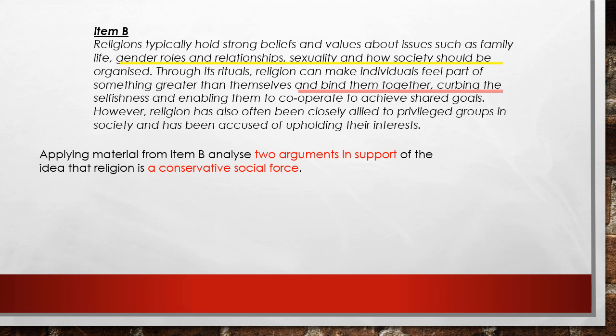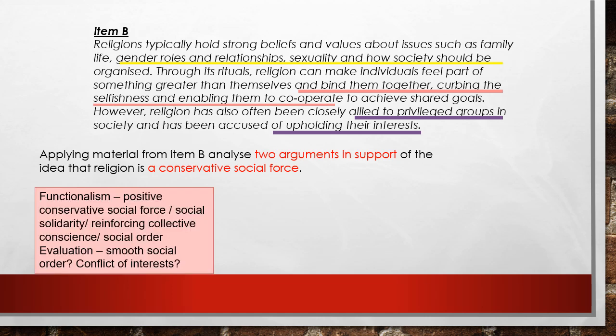So first of all, you can see the yellow is the hook that I think is relating to feminism. The pink binds them together, curbing selfishness, enabling them to cooperate to achieve shared goals, reminds me of functionalism, and privileged groups, allied to privileged groups, upholding their interests, again, Marxism.